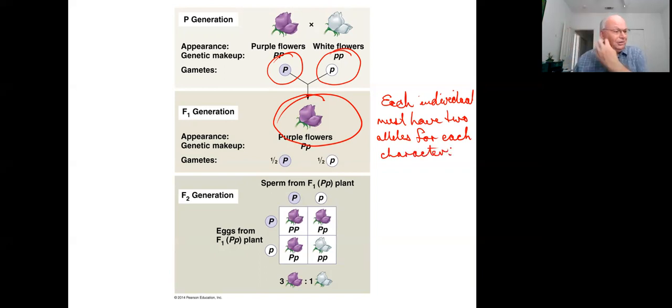And he reached this conclusion again by examining not just the flower color, but looking at all of them and seeing the same result.